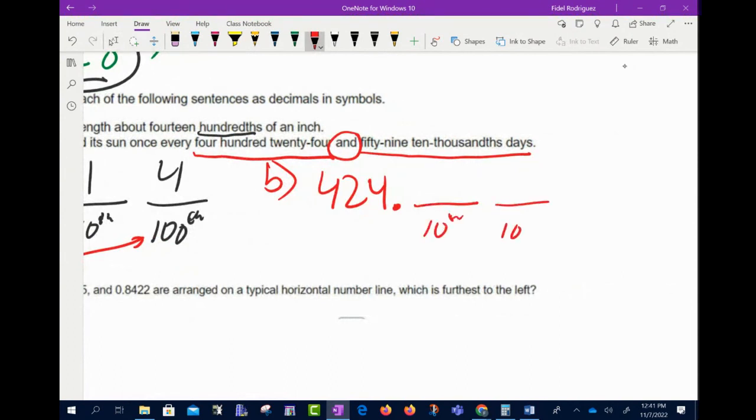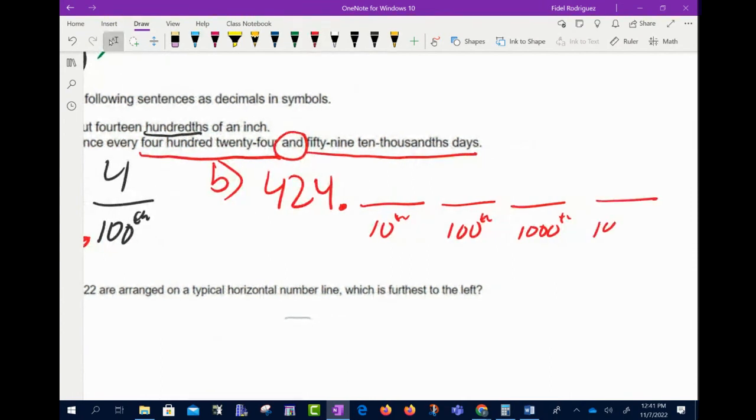That's tenths, that's hundredths, that's thousandths, and we want ten thousandths, right? So 59, the 9 has to end up in the ten thousandths. So what numbers am I going to put there? Zeros, right? Those are like my placeholders. Something has to be there, okay?